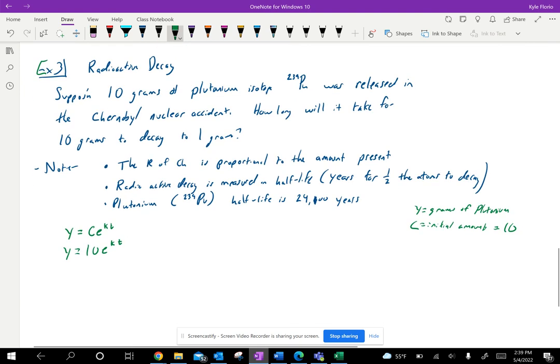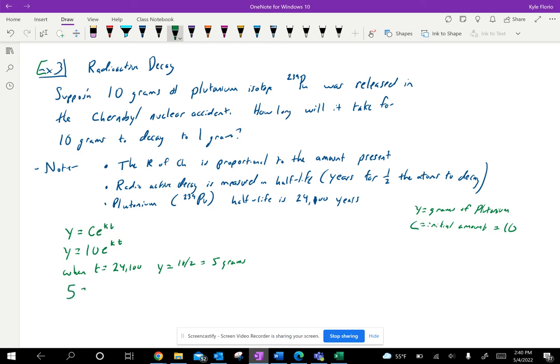If the half-life is 24,100, in 24,100 years, there's going to be half the amount left. So when t equals 24,100, the amount is going to be half of what we started with. So half of 10 is 5 grams. So I'm going to use that in the equation here.